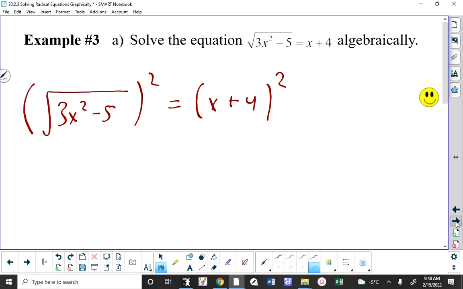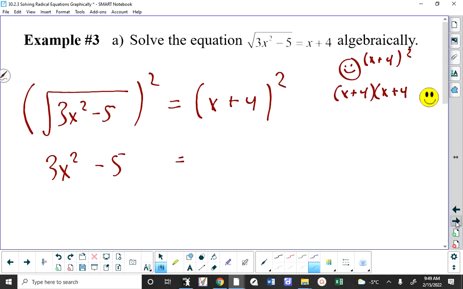So I square both sides. I get 3x squared minus 5 because the squaring and the square rooting go away. I remember, of course, that x plus 4 quantity squared means x plus 4 multiplied by x plus 4, which gives me x squared plus 4x plus 4x plus 16.